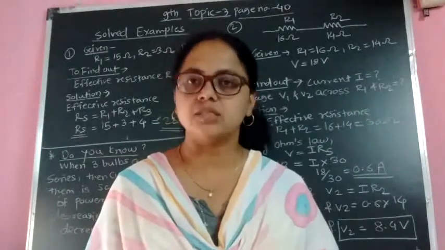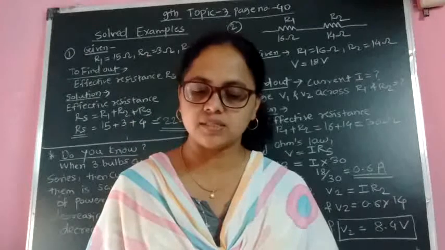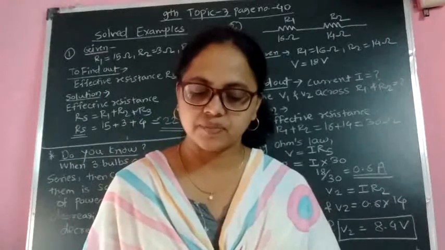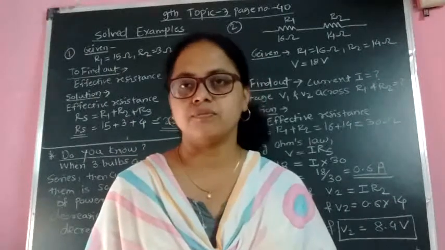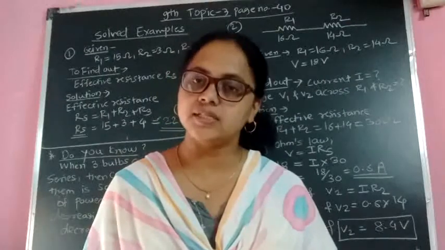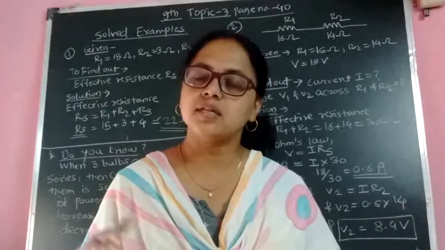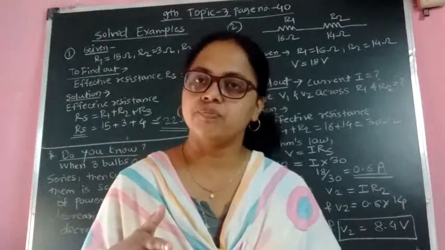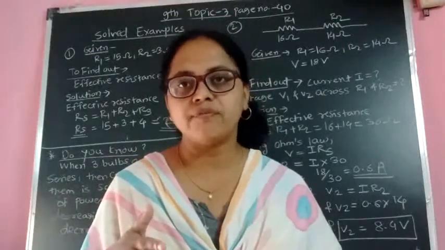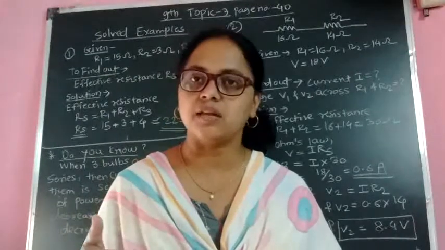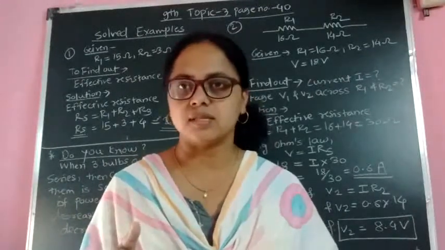Now next point is, the effective resistance is larger than each individual resistance. That is, the value of total resistance or effective resistance of the whole circuit is nothing but the sum of all resistances. So naturally, the value of effective resistance is larger than the individual resistances.